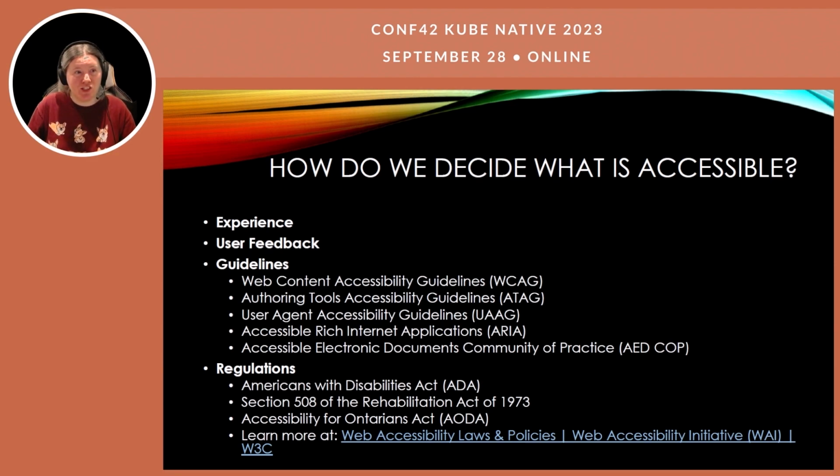There's the User Agent Accessibility Guidelines, or UAAG, and this is basically browsers, media players, things that you would use to ingest or view digital content. There's the Accessible Rich Internet Applications, or ARIA. This is a technical specification used to help make dynamic or interactive content in digital scenarios more accessible.